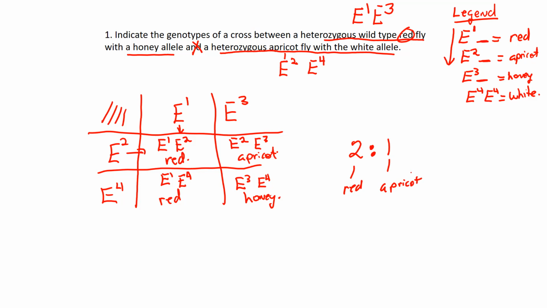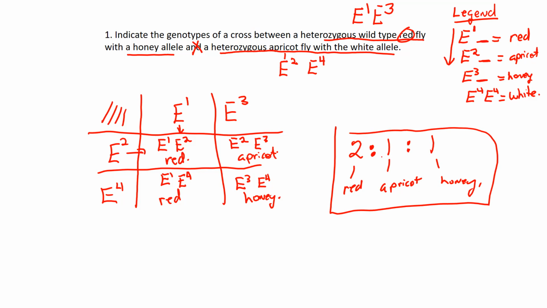Generally speaking, you should go in order of dominancy with your ratio as well, unless they ask you otherwise. We're going to see some numerical response questions where they'll ask whatever order they want. You just put the appropriate ratio number in the right spot, and we'll explain and show that later. There's a question coming up later on that. And then, of course, 1 for our honey. Even though the question didn't ask, that is the phenotypic ratio with a cross between those 2 parents.